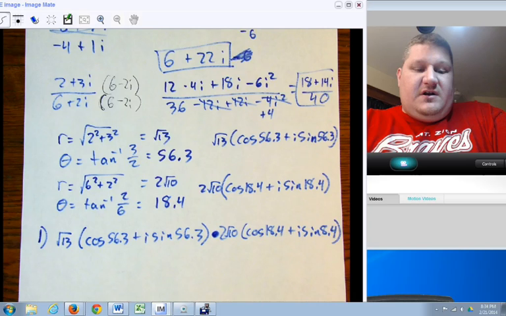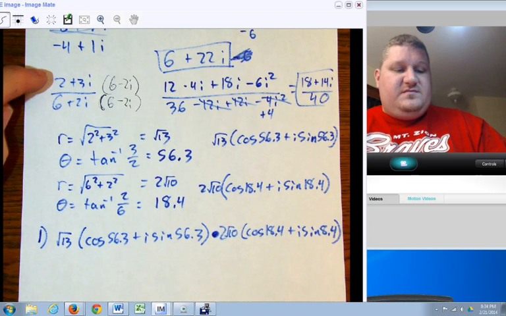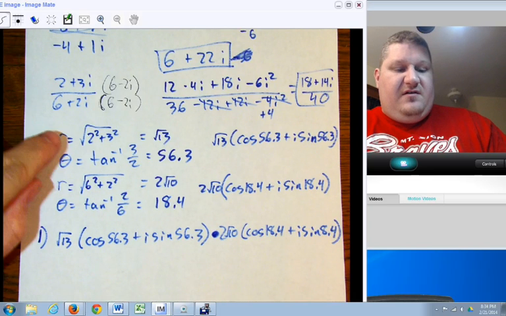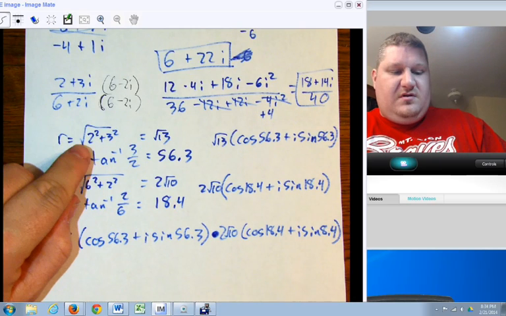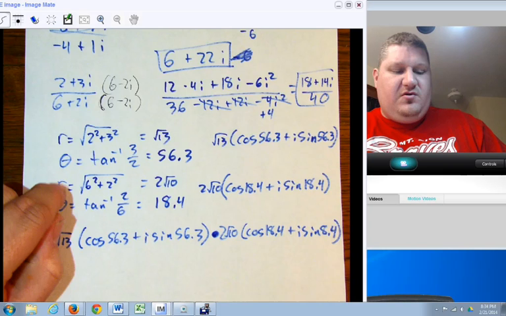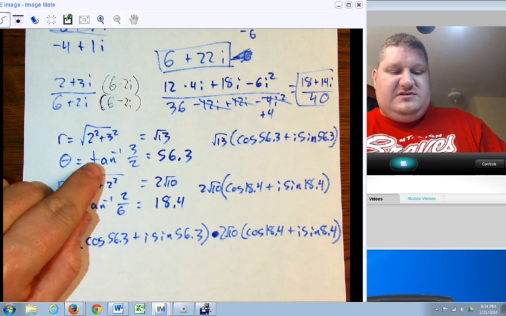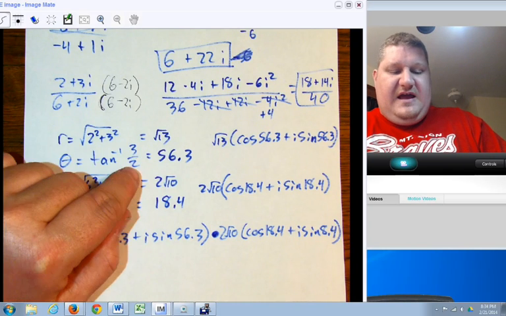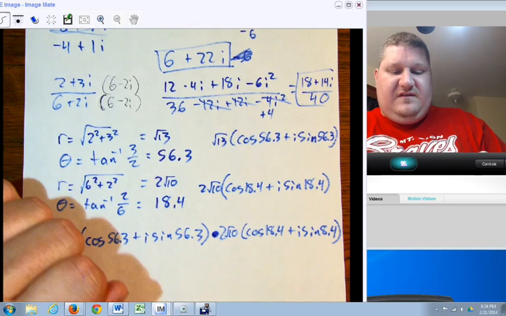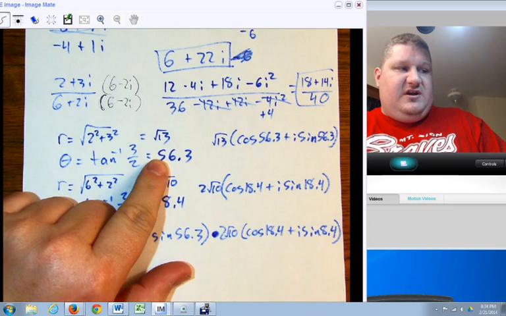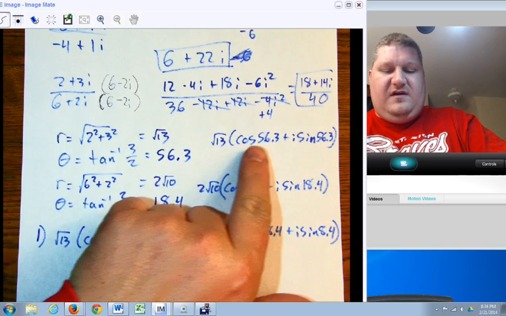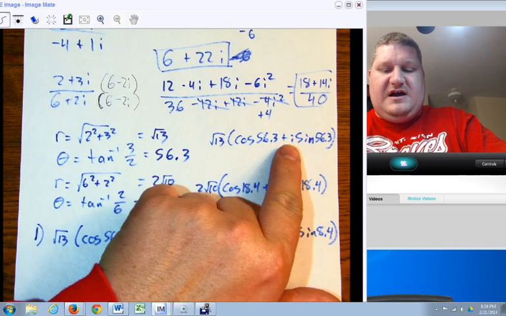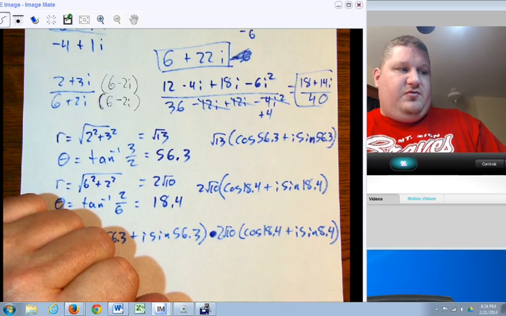Okay, I've gone and done a little bit of the work for you. Took this number here, found its r, its radius, root 13, using the square root of a squared plus b squared. Theta equals inverse tan of b over a, and you get 56.3, which means, putting it in polar form, root 13 times the quantity cosine 56.3 plus i sine 56.3.